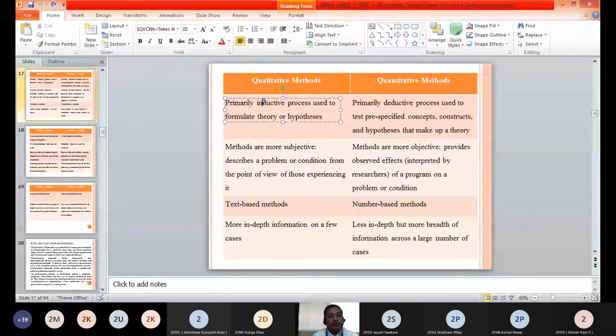Qualitative methods are inductive, wherein we try to understand that particular problem in more detail, and it is helpful to formulate a particular theory. And in quantitative approach, it is a deductive process, wherein we do not formulate any theory, but we test a particular theory which is already established, or different concepts which are pre-specified or formulated already, different constructs or variables and hypotheses that make up that particular theory.